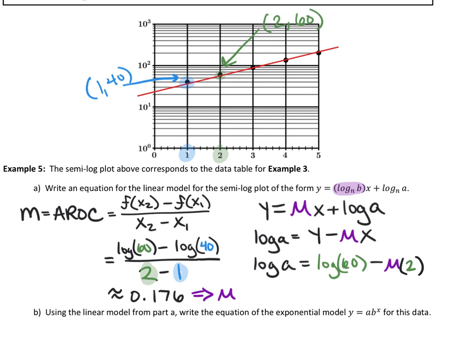So it's an input and an output. At this point, everything that log of a is equal to is a number. You saved m in your calculator already. So now go to your calculator and you say log of 60 minus m times 2, or 2m.